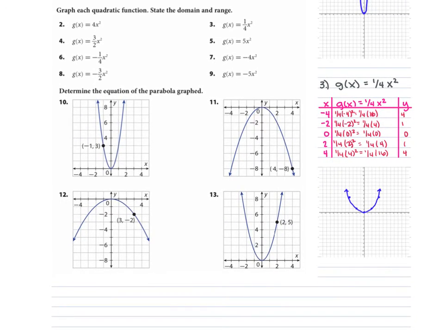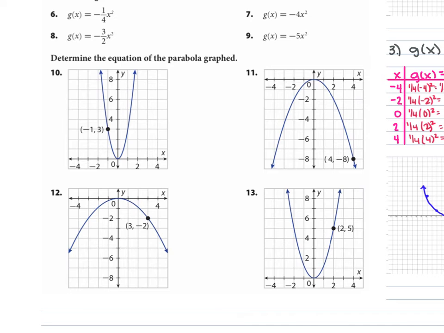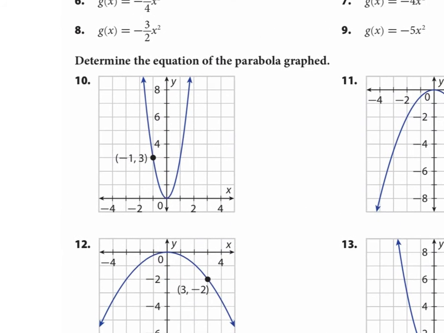Our practice. We're going to look back at these graphs from the first page. For 10 through 13, we are giving the equation of the parabola that's graphed. So for 10, this parabola is opening up, so this is going to be a positive x squared. So we're going to have something times x squared.